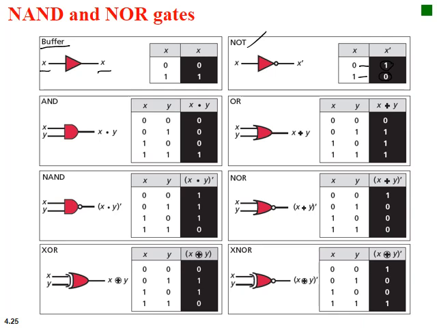I'm not going to do all of these. We already know AND, OR, and XOR. Today we're going to look at NAND and NOR. There's also XNOR, or exclusive NOR, which we will just briefly mention, but we're not going to look at that at all in this course.